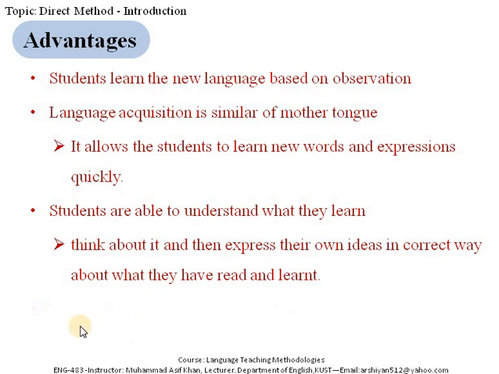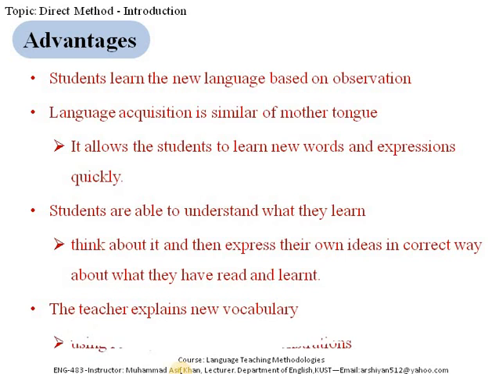We see that in this method, the teacher explains the new vocabulary by using realia, visual aids or demonstrations. It helps the students to develop active vocabulary instead of just learning the ideas and keeping those words in their passive vocabulary, which they are not able to use in their conversation.